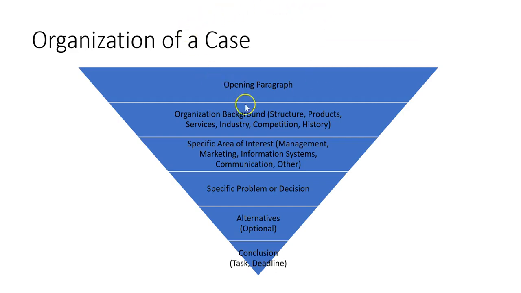The next part of the case is organization and background. Here is where the writers will get into whatever is most pertinent about the background of the organization for your understanding of this case. So they will talk about the structure of the company, the products they make, services they might offer, the industry itself, the competition, the history.